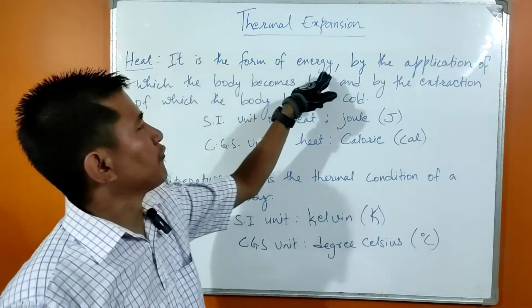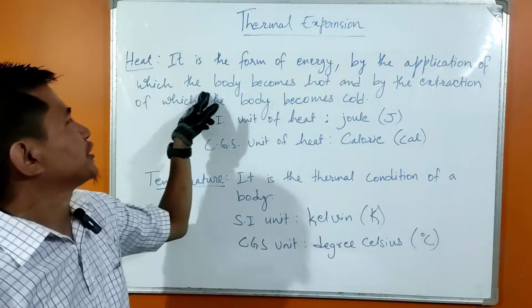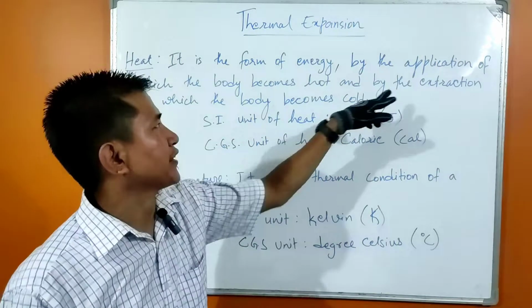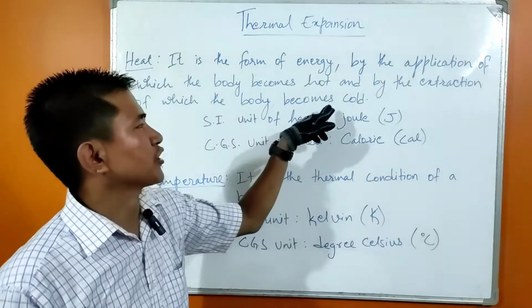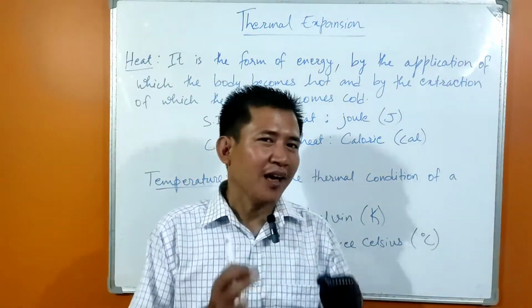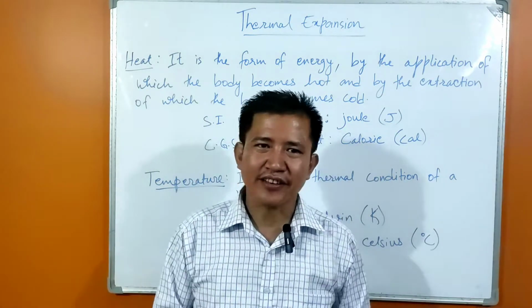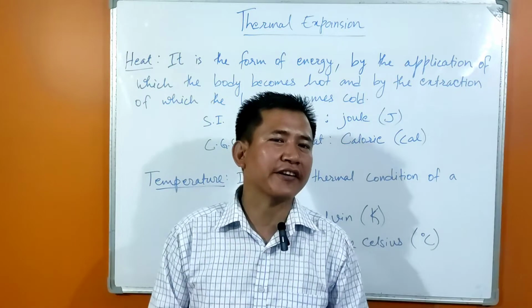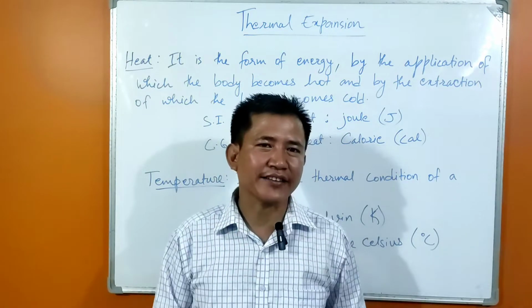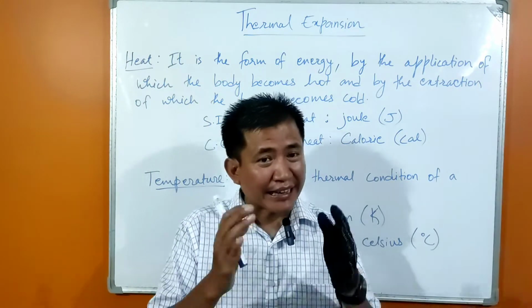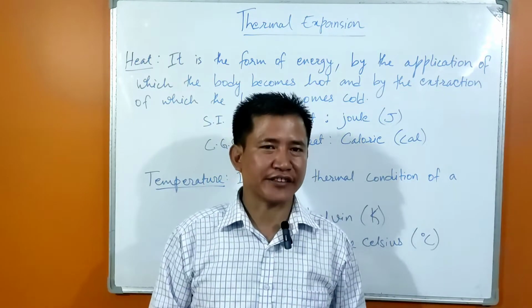It is the form of energy by the application of which the body becomes hot and by the extraction of which the body becomes cold. Heat is just a form of energy like light energy. Light energy is also a form of energy. Electrical energy, magnetic energy, wind energy. Heat is also a form of energy.